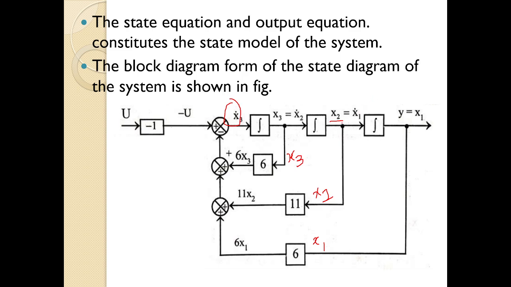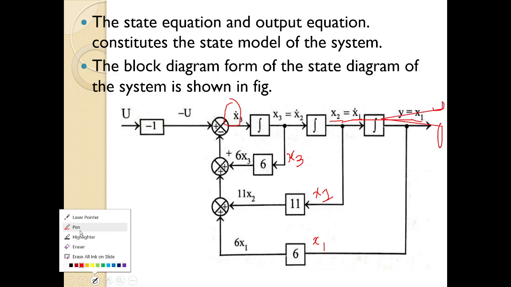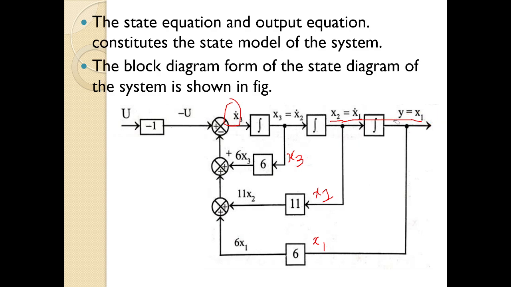Similarly, x2 is equal to x1 dot. So the integral of x1 dot is x1, and x1 is equal to y. So you can write y here. I'm unable to write with my mouse. So the input is u and the output is y.